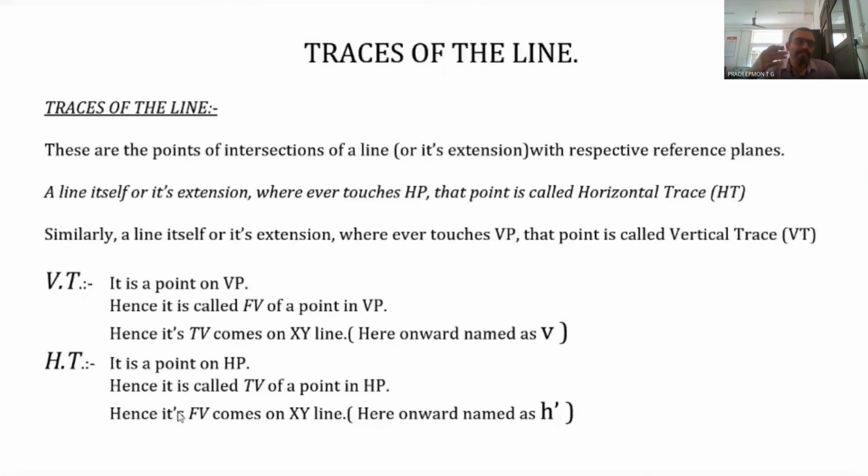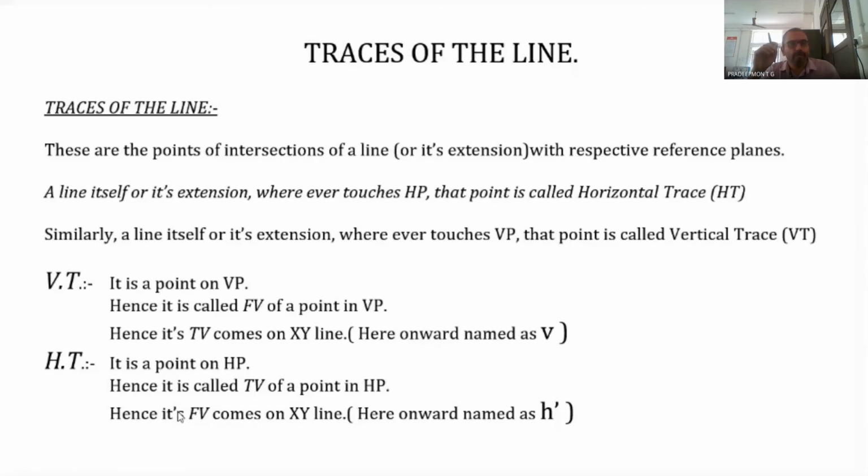And the HT is a point on HP. Hence, its front view will be on the XY line, and its top view is called the HT. In projections, actually, the actual point is not represented, only the projections are represented. So the front view of VT is denoted as VT itself, and the top view of it is represented as small letter v.